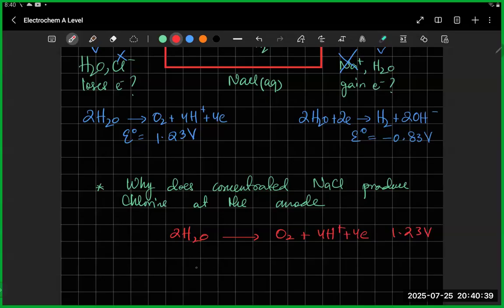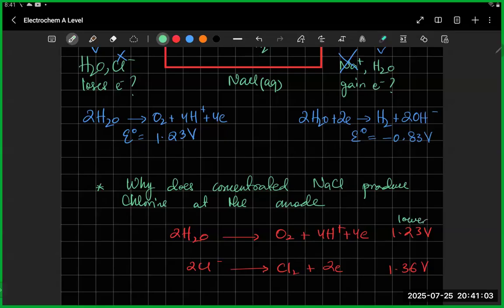For Cl, the equation was that Cl minus 1 lost electrons and formed Cl2 plus 2 electrons, and it was 1.36 volts. Now remember that the lower potential is the one that loses electrons, which is this one.